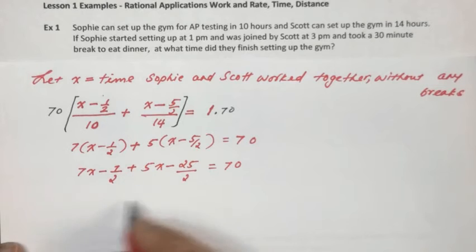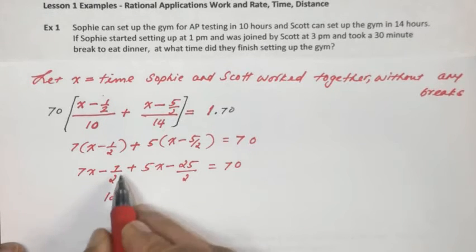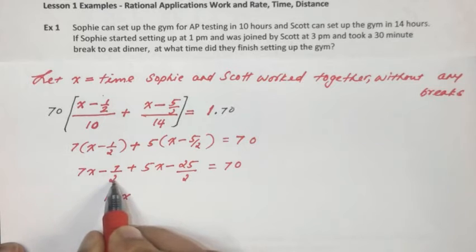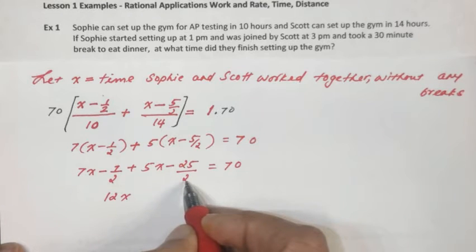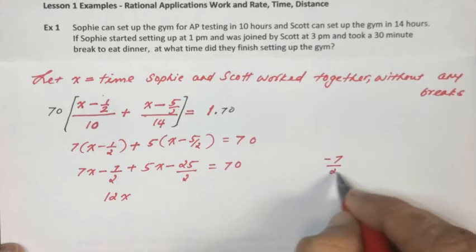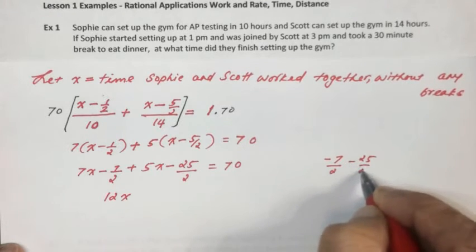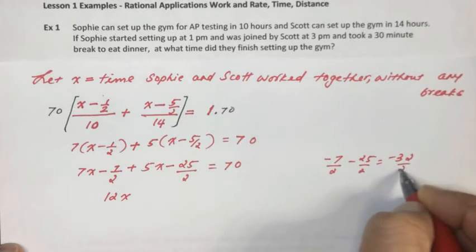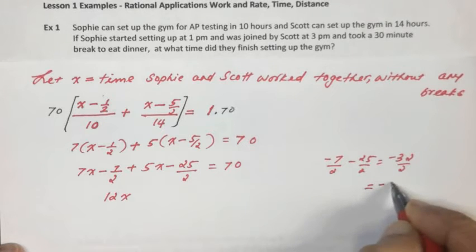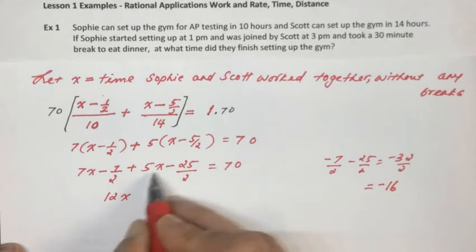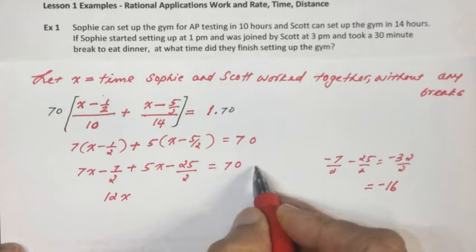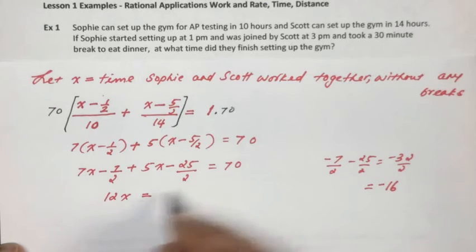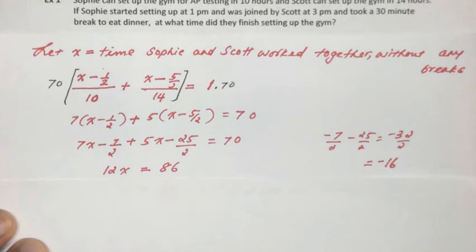Combine the like terms, 7x plus 5x is 12x, and negative 7 over 2 minus 25 over 2 is negative 32 over 2, which is negative 16. If that negative 16 moves to the other side, it will be positive 16, so 12x is equal to 70 plus 16, which is 86.